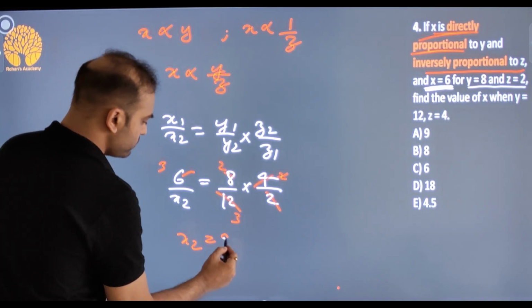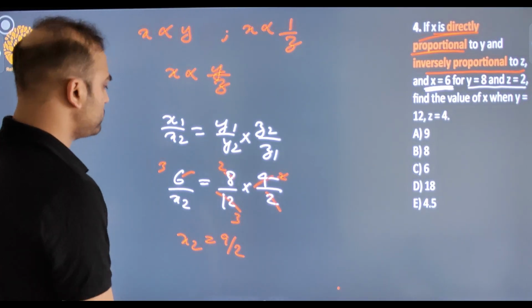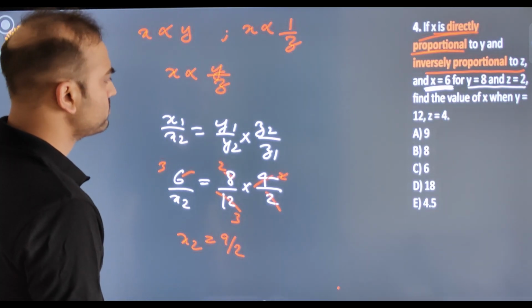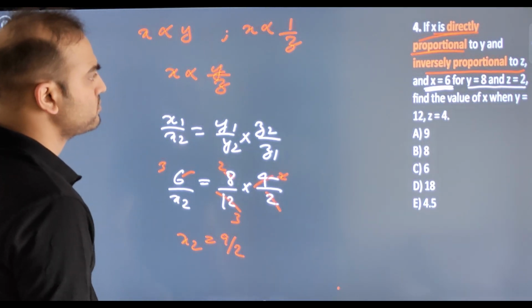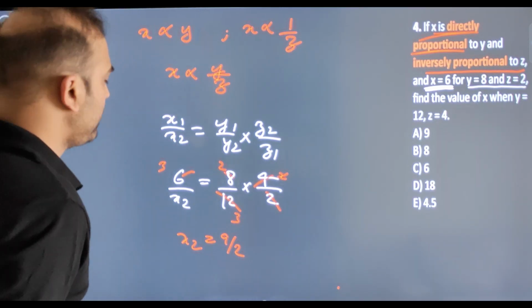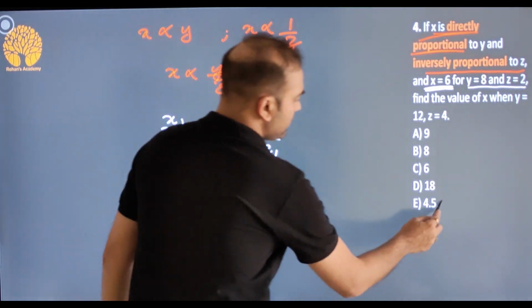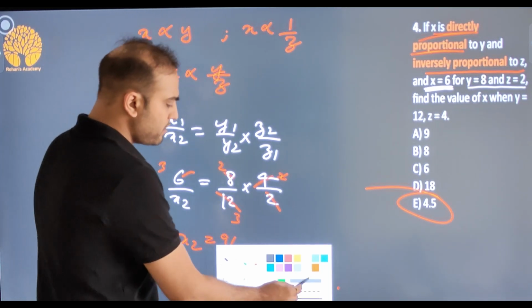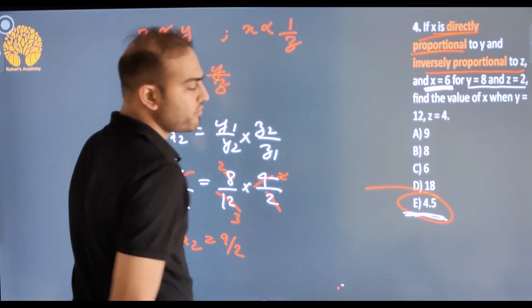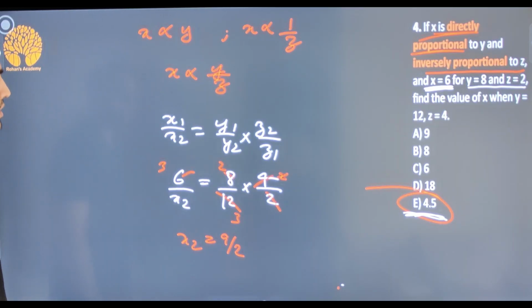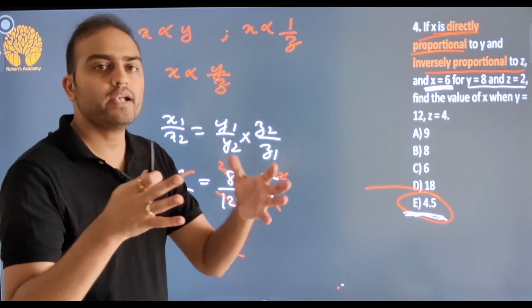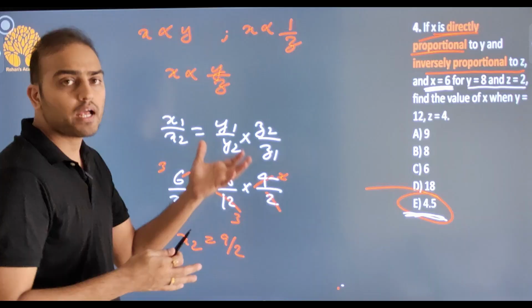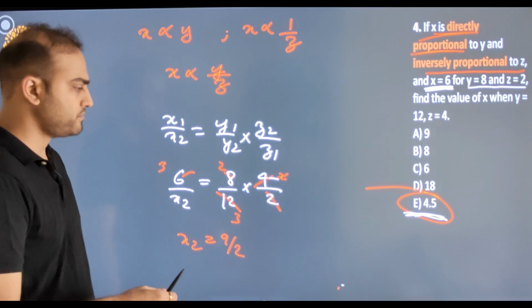If you solve, x2 is 9 by 2, which is 4.5. So this is how you can concatenate proportions into one formula and solve quickly.